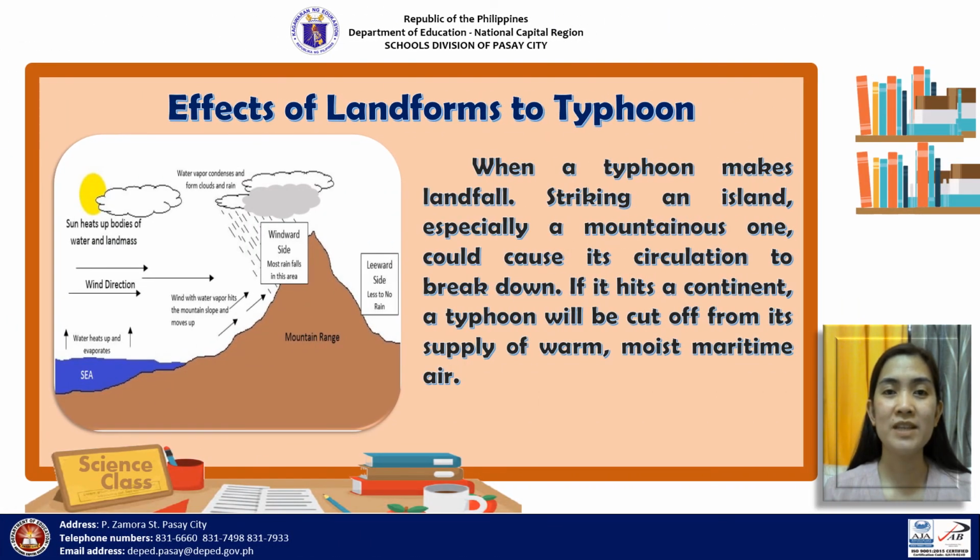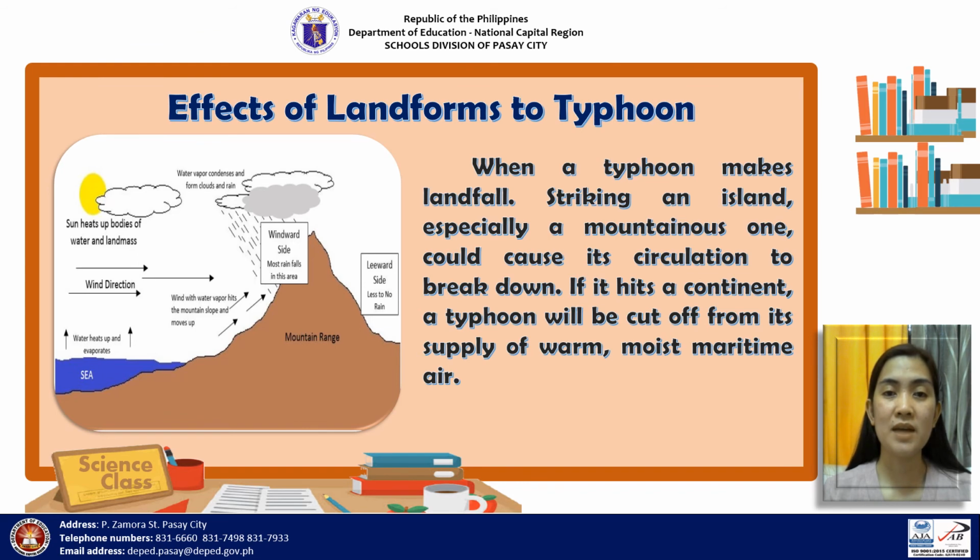In a very general sense, typhoons gain power as they move over warm water and start losing energy once they are over cold water. When a typhoon makes landfall, striking an island, especially a mountainous one, could cause its circulation to break down.